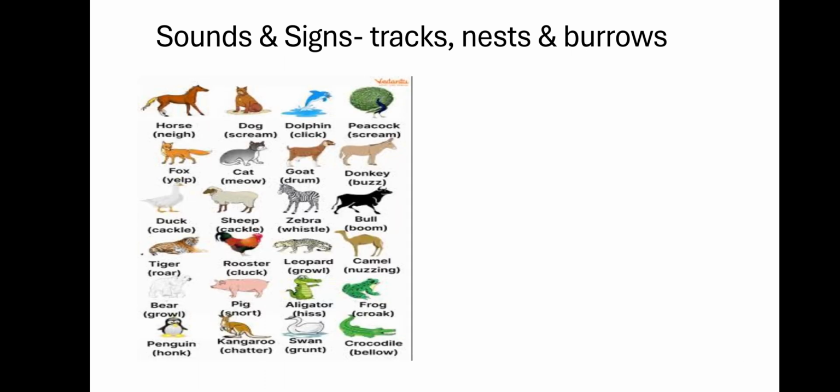Now you can see how different animals make sounds.